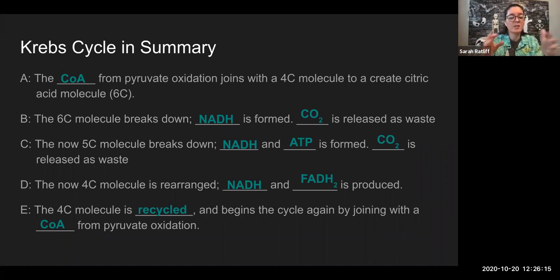Take that 5C molecule, remove 1 carbon for carbon dioxide, making NADH and 1 ATP. Then we're left with 4 Cs. We're going to rearrange those, make 2 more electron carriers, another NADH and an FADH2. And then that 4C molecule, after it's been rearranged, gets recycled. We're going to use it again to start the Krebs cycle from the beginning again, to join with another CoA from that pyruvate oxidation.